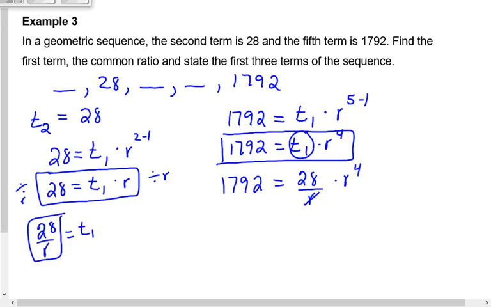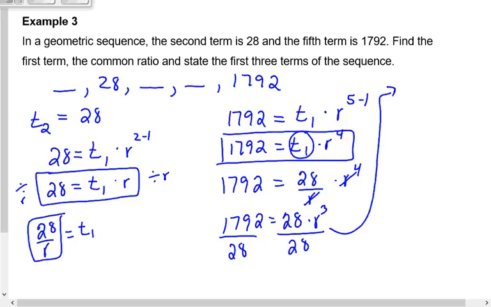1 R will cross out here with 1 R here, leaving us with 1,792 equals 28 multiplied by R cubed. Divide both sides by 28. So we would have 64 equals R cubed.